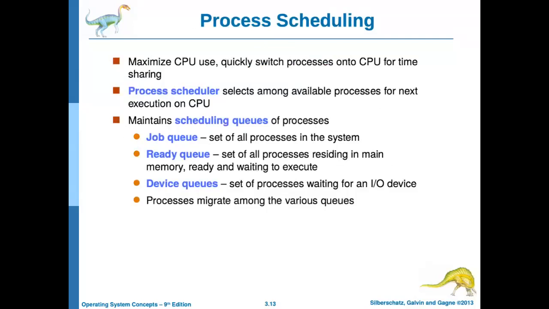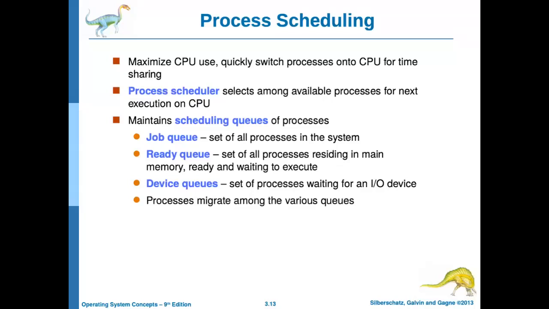It is the module in the operating system which performs the task of scheduling. So there are two definitions, scheduling and scheduler. Scheduling is the process of selecting the next process for execution, and whoever performs this task is called a scheduler.